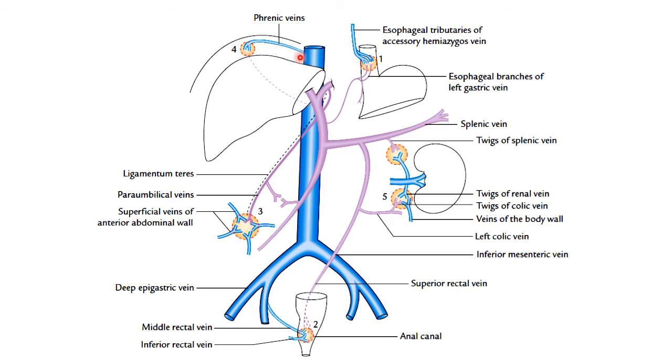The important sites of portocaval anastomosis are at the lower end of the esophagus, the anal canal, in the region of the umbilicus, at the bare area of the liver, and between the colic veins and the renal veins.